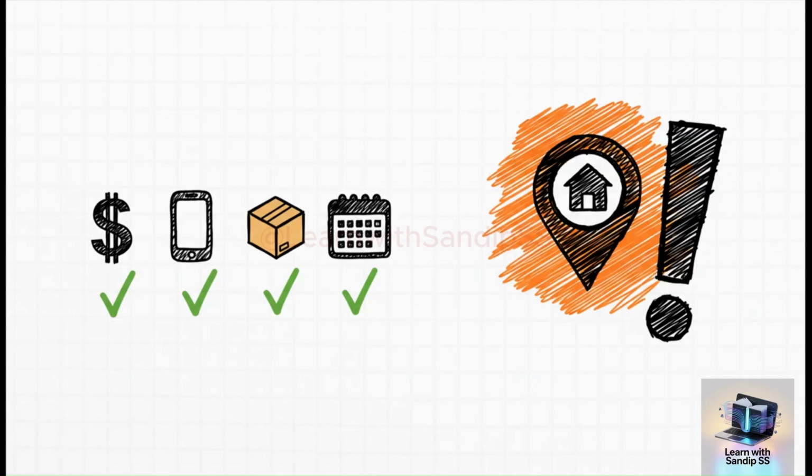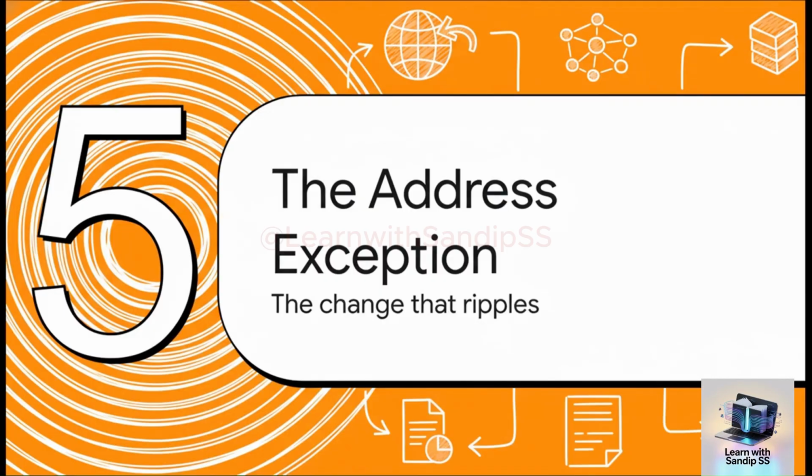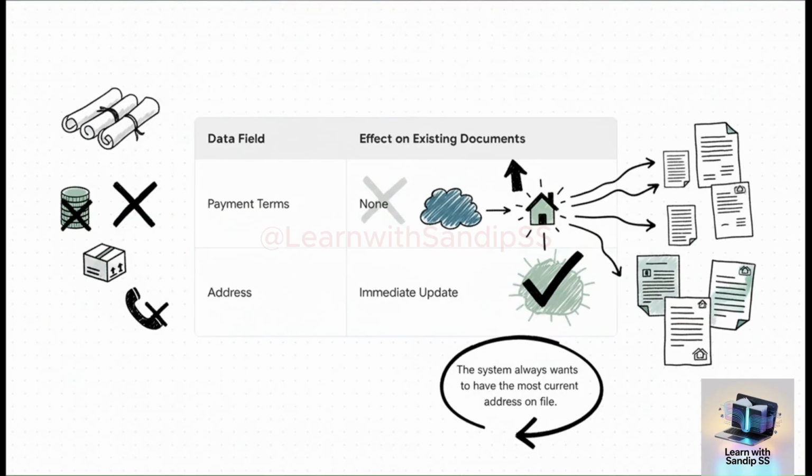Okay, so that rule makes sense, right? It's consistent, it's logical, it applies to almost everything, but there is one major exception. And that brings us to our last and honestly our most critical section, the address exception. This is the one change that breaks the rule and sends ripples absolutely everywhere. So just look at how this breaks down. It's so clear.